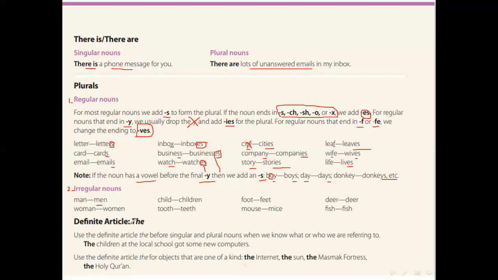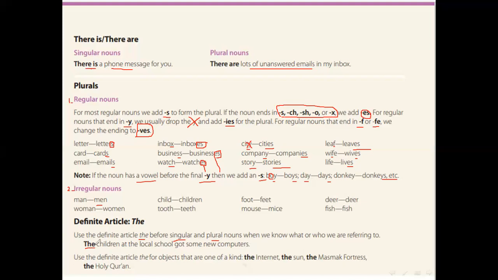Definite article, the. We use the definite article the before singular and plural nouns when we know what or who we are referring to. For example, the children at the local school got some new computers. Which children? The children at the local school.